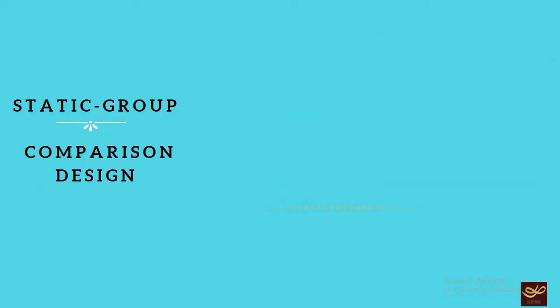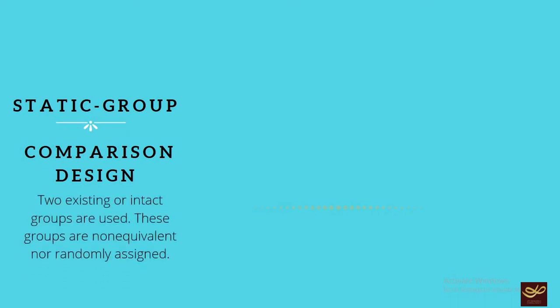Now let's move to the third amongst the weak experimental research designs, the static group comparison design. Here, two existing or intact groups are used. These groups are non-equivalent nor randomly assigned.